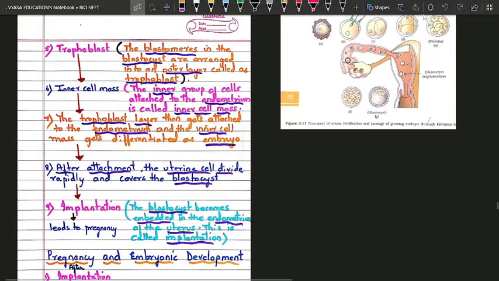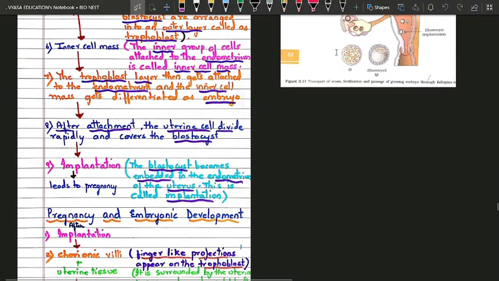After attachment, the uterine cells divide rapidly and cover the blastocyst. Attachment happened at the blastocyst stage.